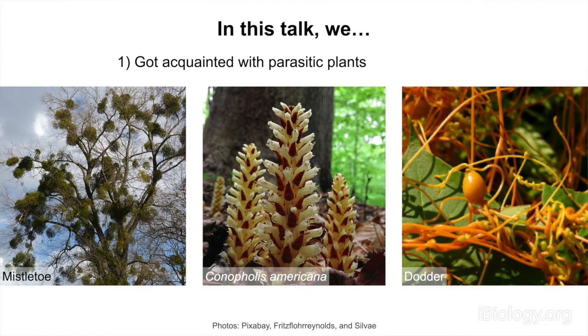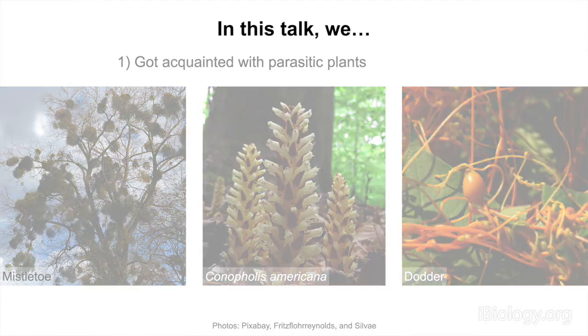With that, we'll wrap up this lecture and we'll go through a quick recap of everything we discussed. So, first of all, we got acquainted with parasitic plants and we saw diverse and amazing examples of parasitism in plants in groups that independently evolved to be parasitic.